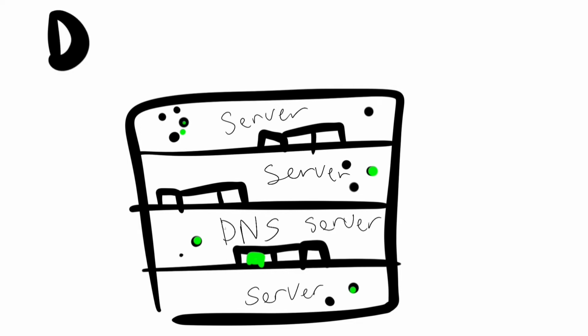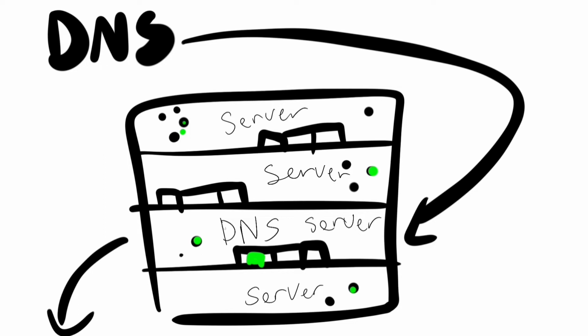This server was put in place to take the information every time the organization wanted to go out to a website. So they would want to go to a bank site and they would be redirected to the DNS server.